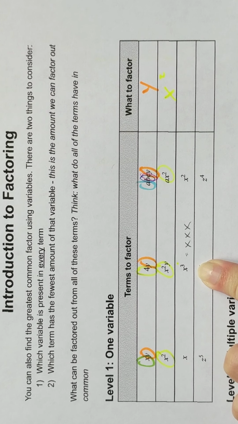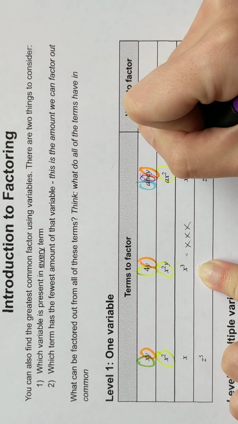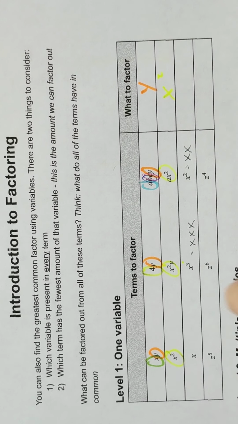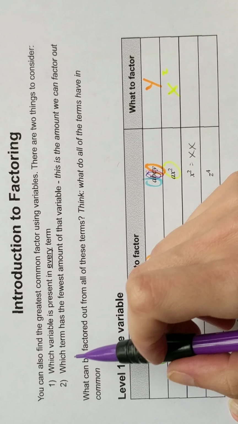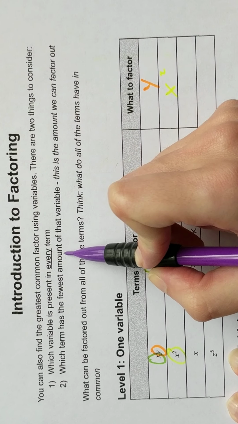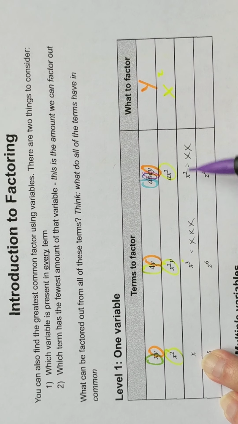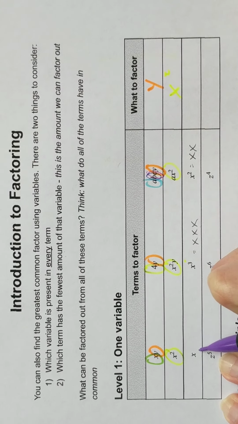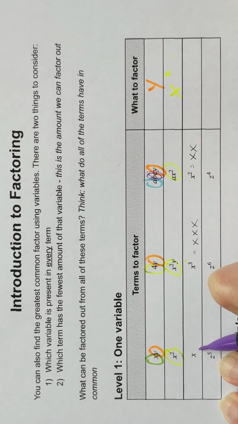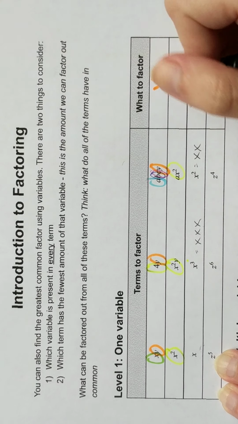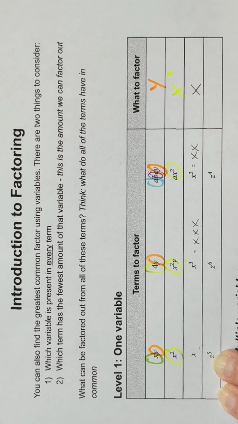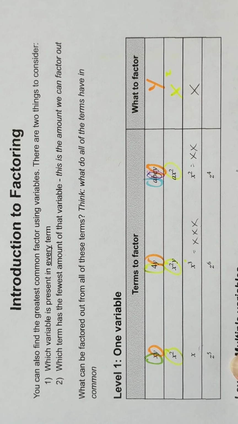It's x to the power of 3. In the next one, I have 2 x's. So I need to say which term has the fewest amount. I have 1, I have 3, and I have 2. Well, 1 is the fewest amount, and therefore that is how much I can factor out. I can only factor out 1x.